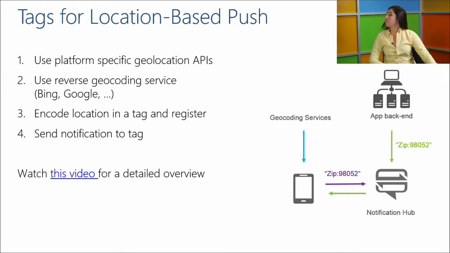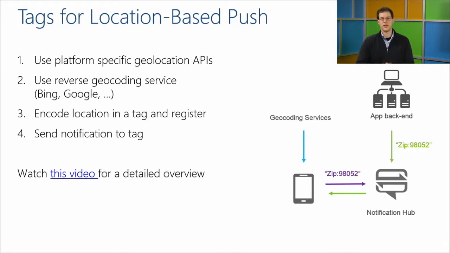Do you want to talk us through this, Elio? Yes. So here we see the basic pattern on how to perform this last scenario. The idea is to use a reverse geocoding service. Bing has one, Google has one, Yahoo has one.